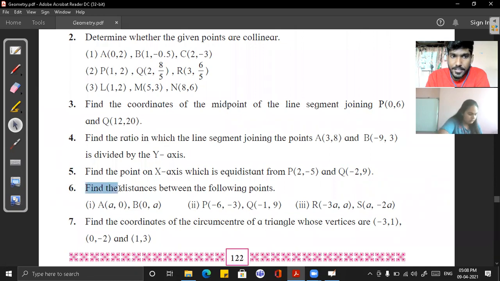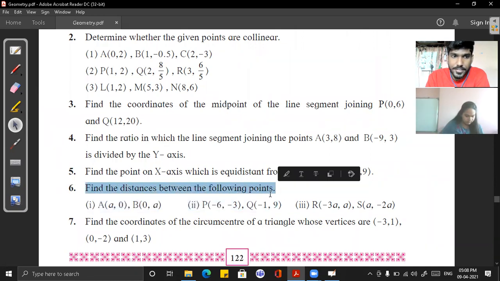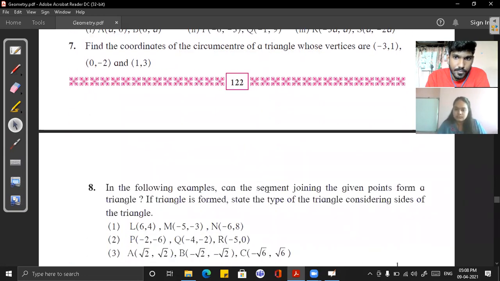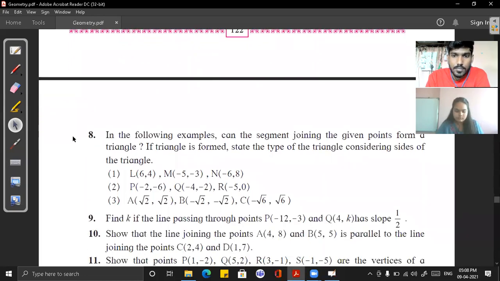Sixth one, find the distance between the following points. And eighth one. In the following example, can the segment joining the given points form a triangle? If a triangle is formed, state the type of triangle considering the sides.